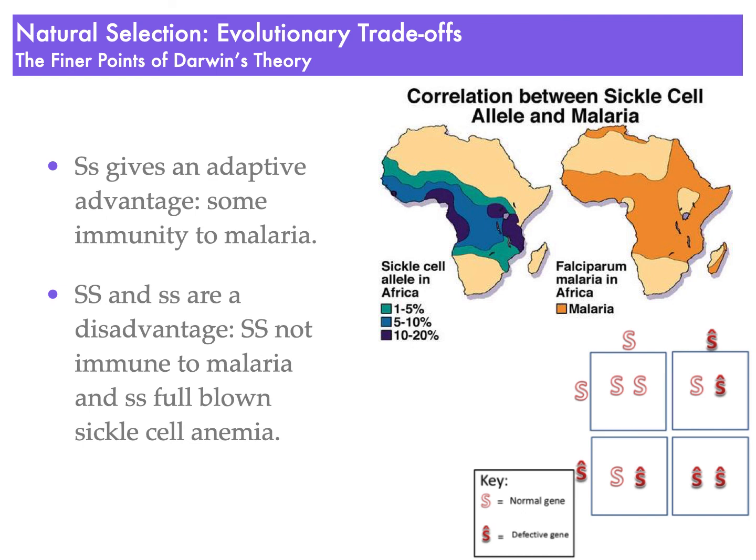The bright lowercase s is the defective gene. So if you have little s, then you have sickle cell. If you have the red S, you have sickle cell. If you have regular big S, you do not have sickle cell.